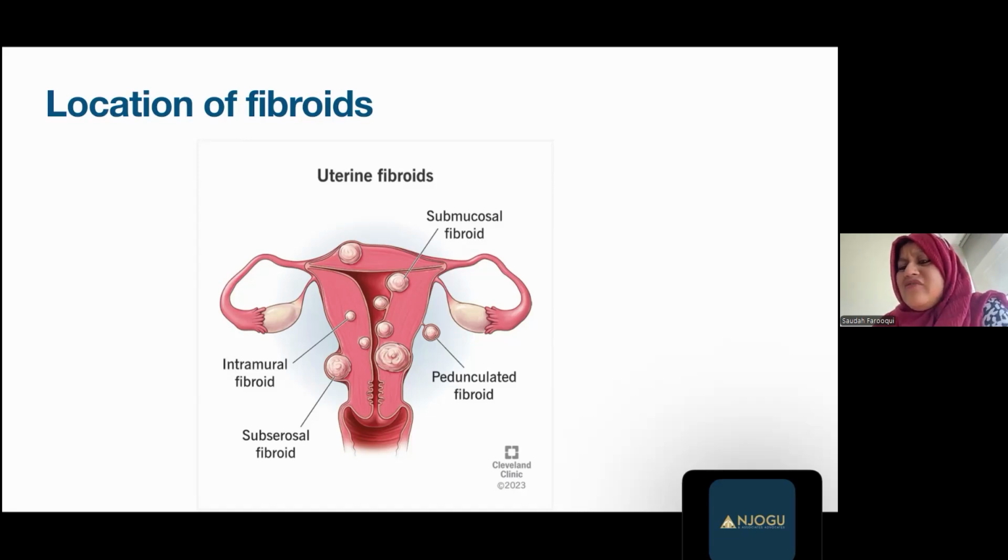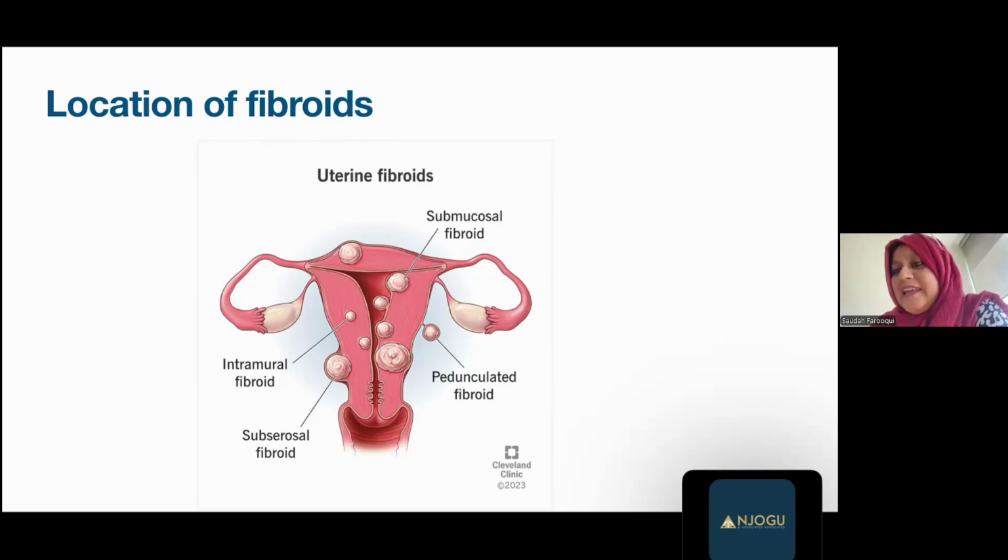A subserosal fibroid may be the one with the least symptoms, especially if it is small. And then on your right, you will see a pedunculated fibroid. Again, this one will come with very minimal symptoms, because as you can see, it's taken part of the covering of the uterus and it's completely outside the uterus, hanging with a small pedicle, like a leaf hangs onto a branch.